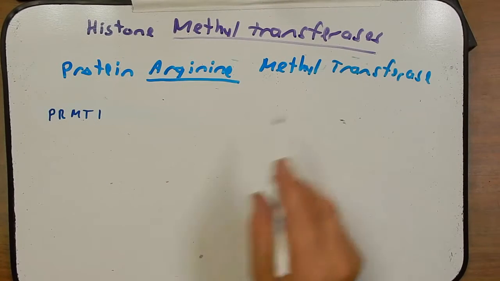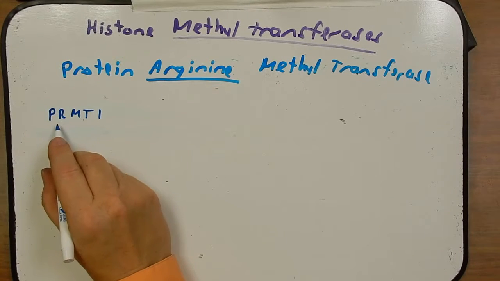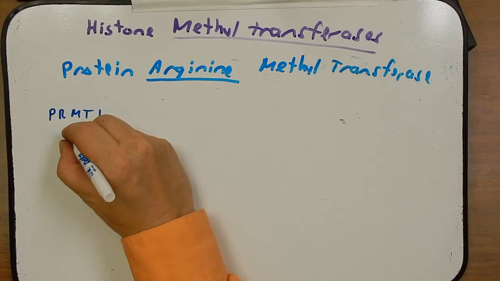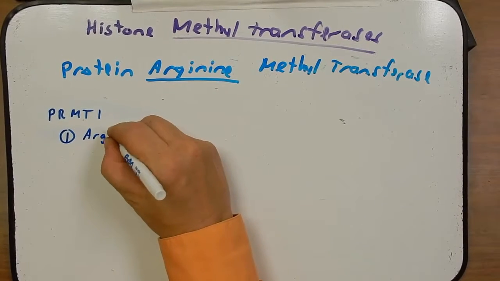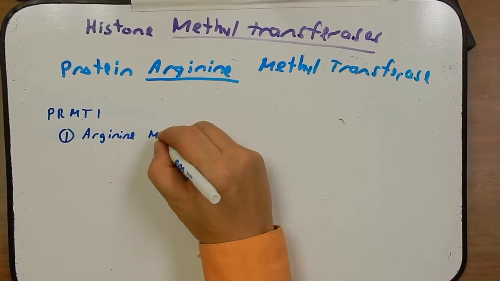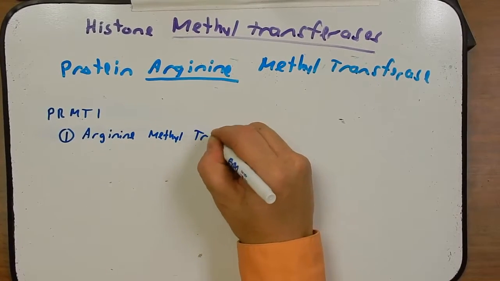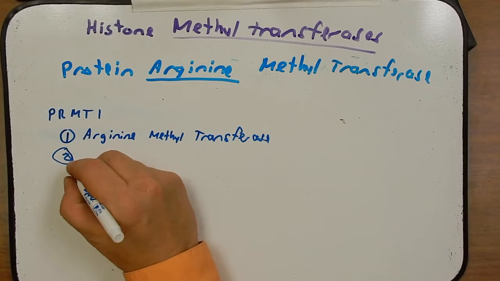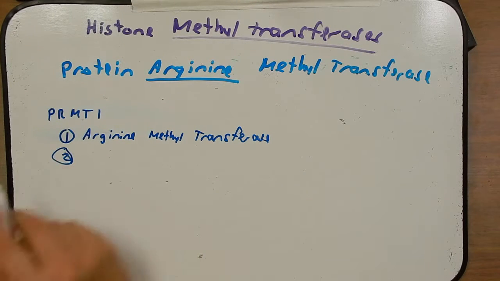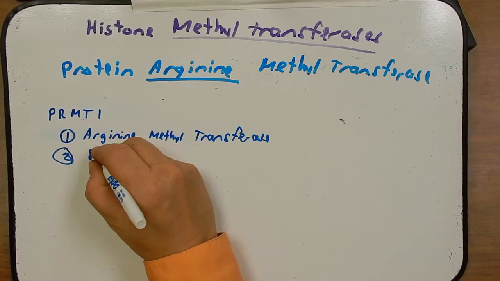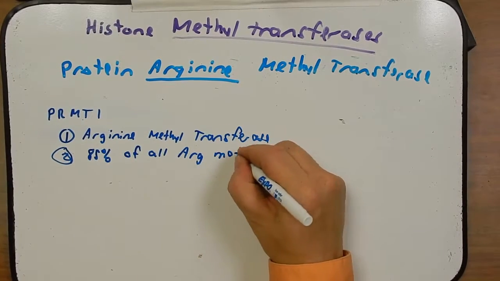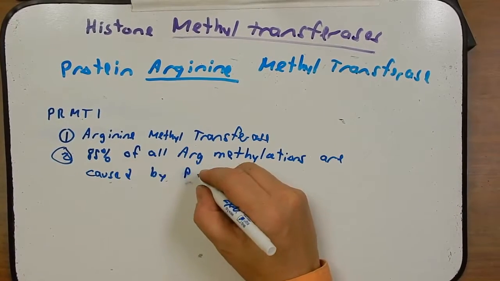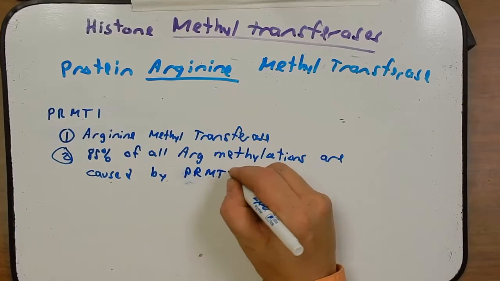for protein arginine methyltransferase. Now, I want you to know this particular enzyme, and these are the few things I want you to know about it. First, you should know that, as the name implies, it is an arginine methyltransferase. Now, there are lots of these methyltransferases in the cell, and we know most about this one because it's a very predominant one. About 85% of all arginine methylations are caused by PRMT1.